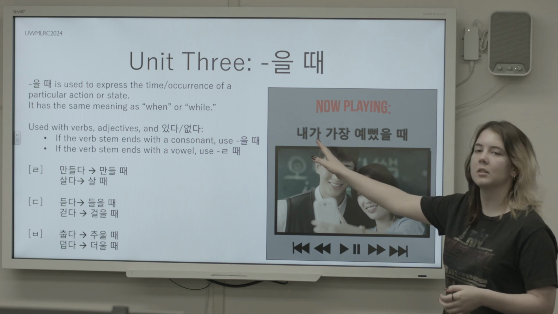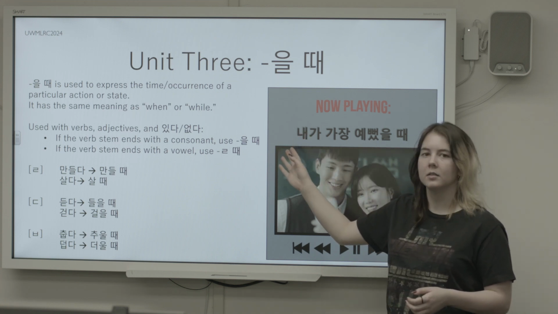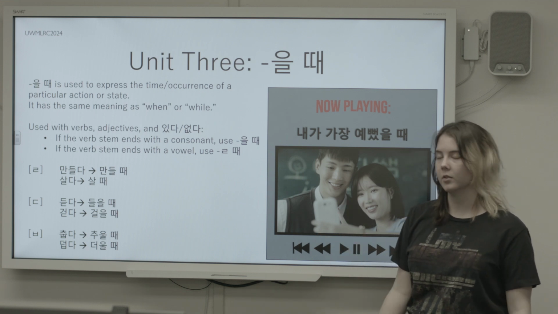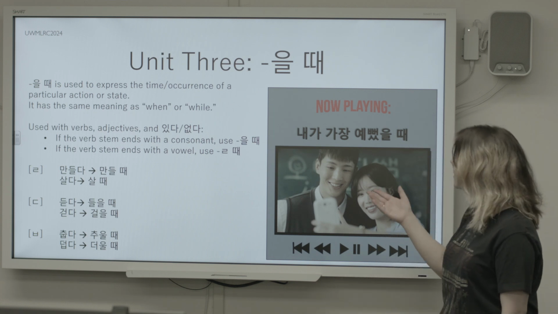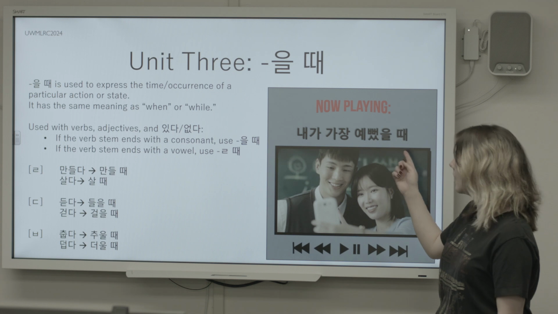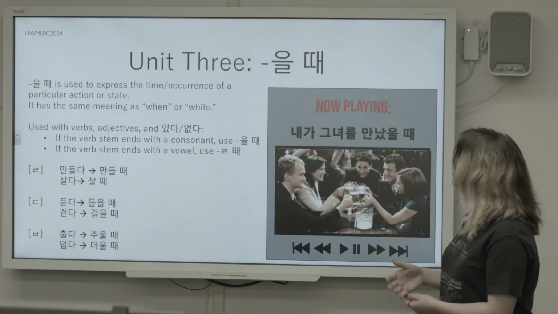So, 내가 가장 예뻤을 때. This means I. It's a different form of 제가, which you also already know. This is just a less polite version of that. 내가 가장 예뻤을 때. This is past tense of 예쁘다, so it is when I was the prettiest. 내가 그녀를 만났을 때.